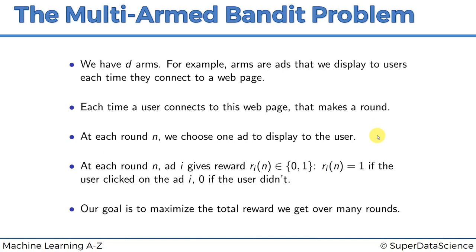You can only pull one of those arms. You can only choose one machine to bet on. At each round n, ad i gives a reward, whether it's a 0 or a 1. Basically Ri(n) is equal to 1 if the user clicks on the ad, and 0 if the user didn't, and our goal is to maximize the total reward we get over the many rounds. So that's basically what we're doing.